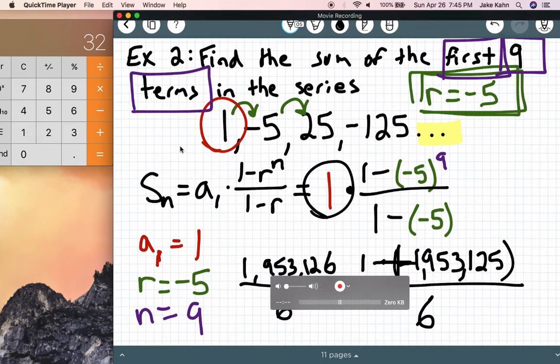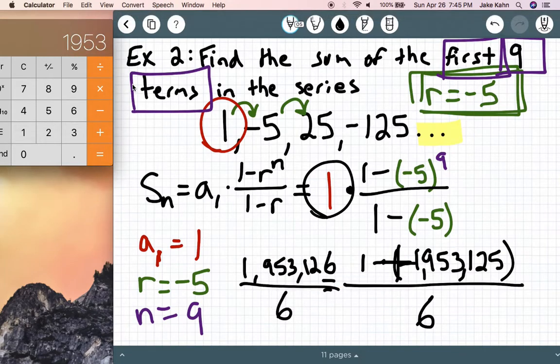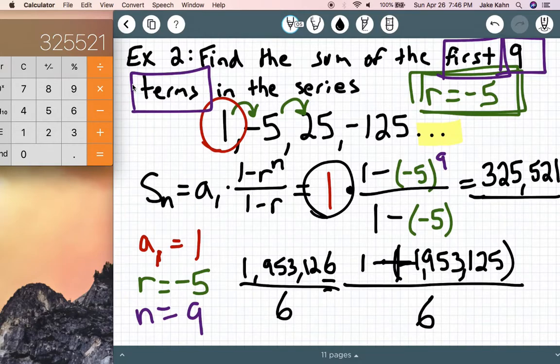Let me do that over here in my calculator. 1,953,126 divided by 6 is equal to 325,521. That is the sum of the series.